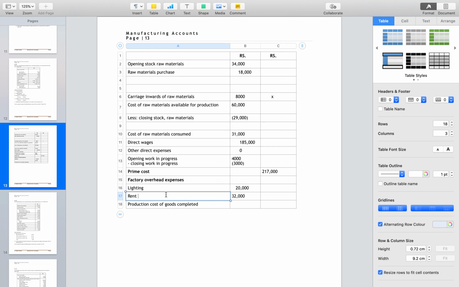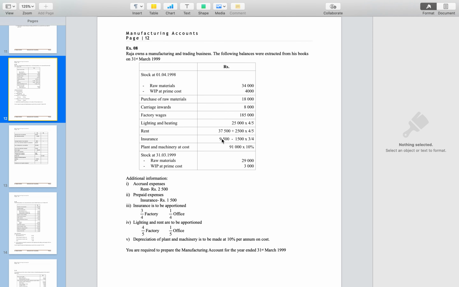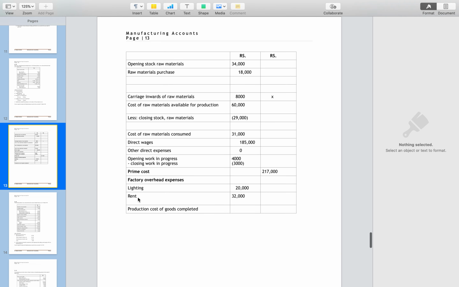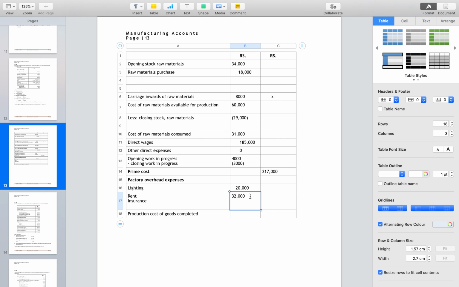The next overhead, insurance: from 9,500 subtract 1,500, that will give you 8,000. From 8,000 now you see 3/4, that will now be 6,000. So insurance will now be 6,000.